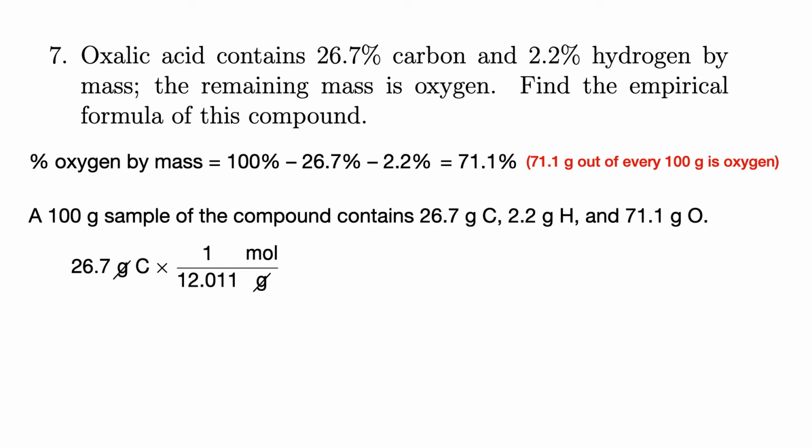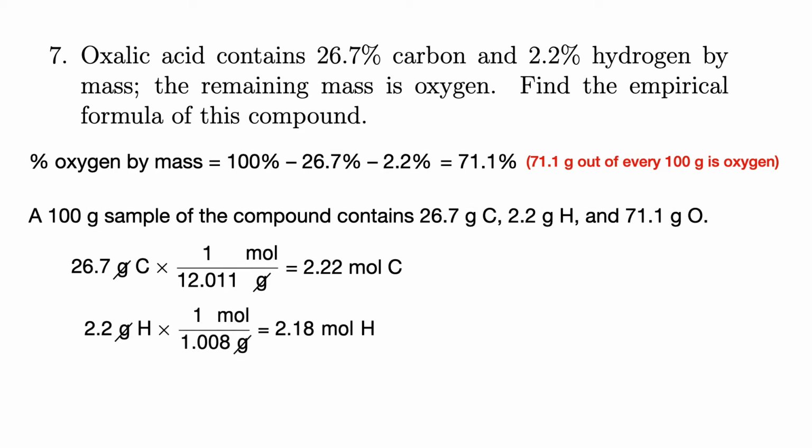The grams cancel, and we find that we have 2.22 moles of carbon in our 100-gram sample. Likewise, we have 2.18 moles of hydrogen and 4.44 moles of oxygen in the 100-gram sample.